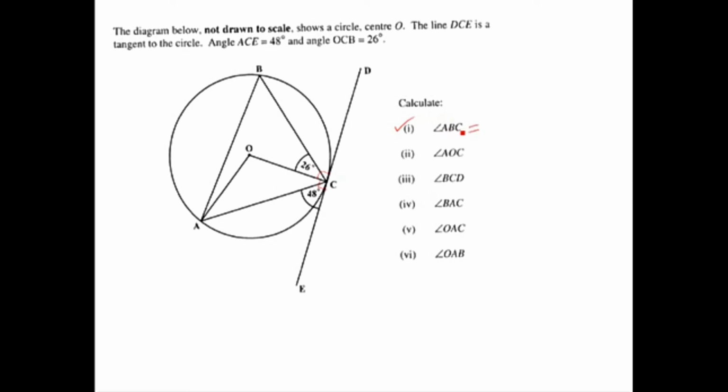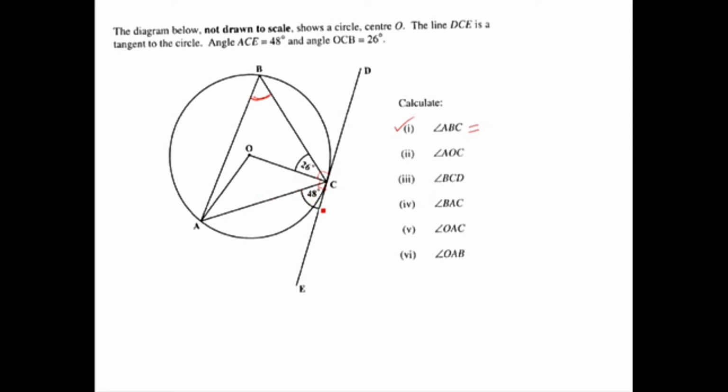So here's angle ABC, going from A to B to C. I guess they want us to find this one first, the angle at the circumference. How are we going to find that? The angle between the tangent and the chord AC is 48.